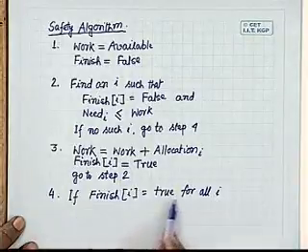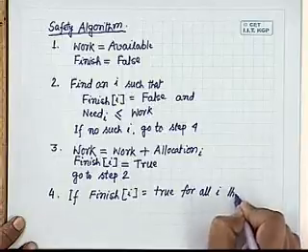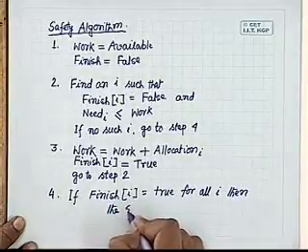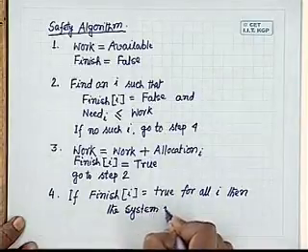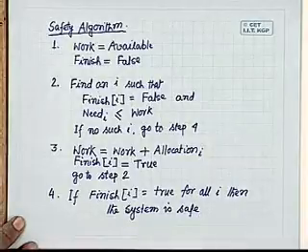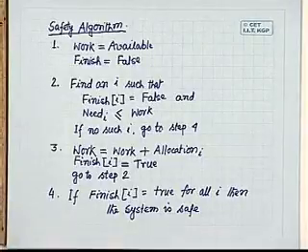If finish[i] equals true for all i, then the system is safe. Else the system is unsafe, and from here you go back to this previous algorithm.